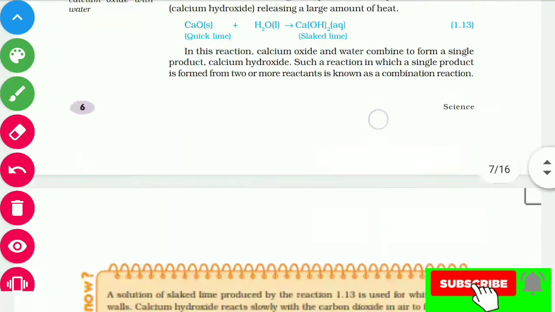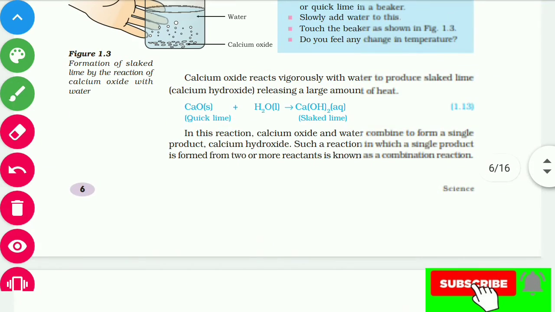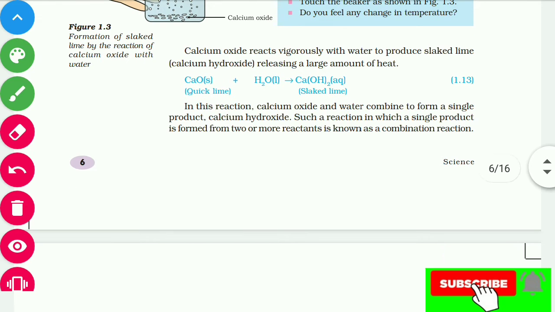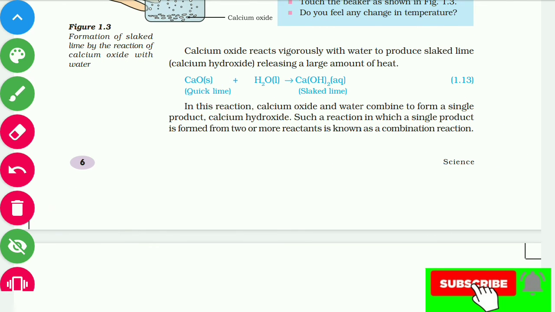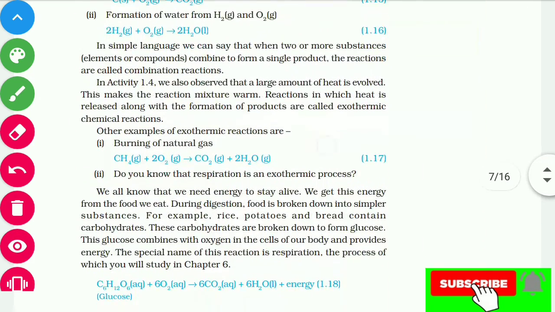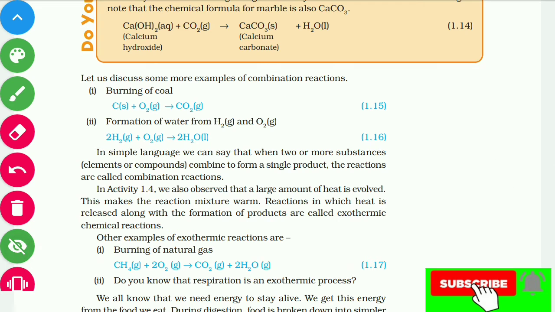In a combination reaction you will find only a single product. Here also there is a single product, CaSO4, so it is a combination reaction. What about here? It is also a single product, so it is a combination reaction.